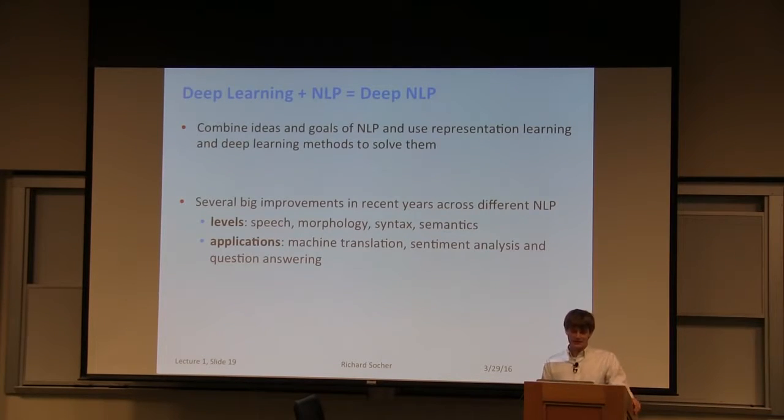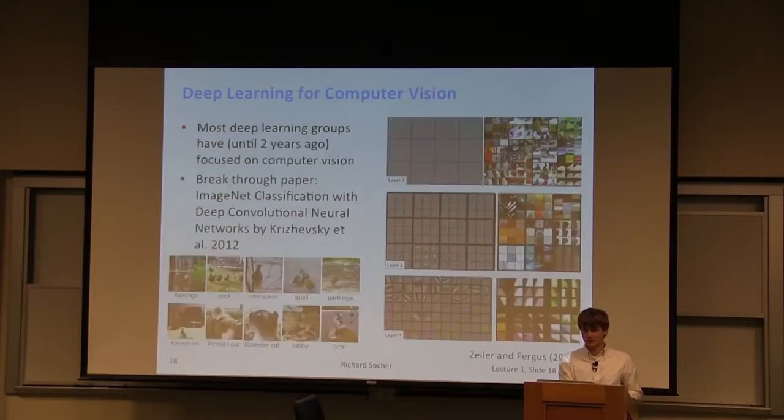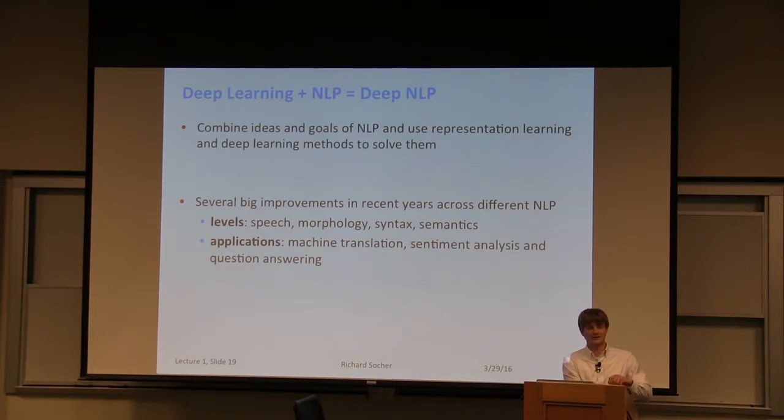And so in the last half hour or so, I will go through a couple of these representations that we have for the different levels that we mentioned in the beginning: speech, morphology, syntax, and semantics, and give you a very high-level overview of what we mean with these different levels. And then we'll also cover a couple of applications that have already been transformed by deep learning. Are there any questions so far on the related subfields of deep learning?